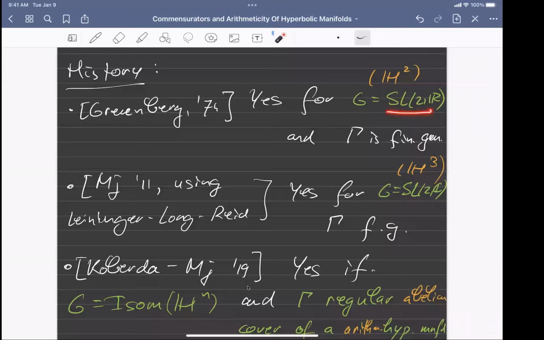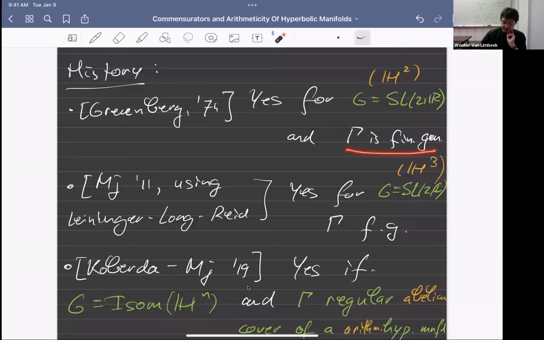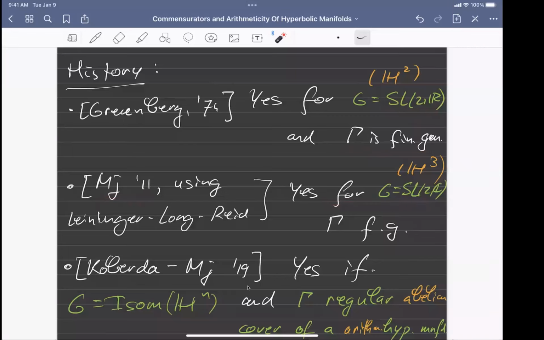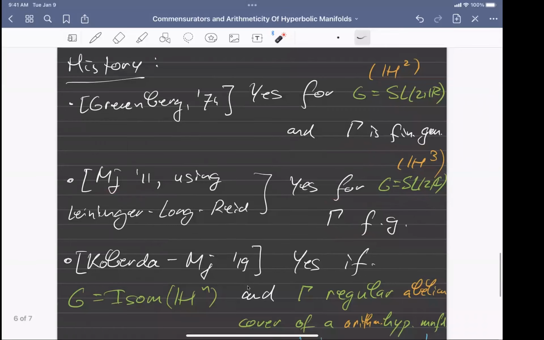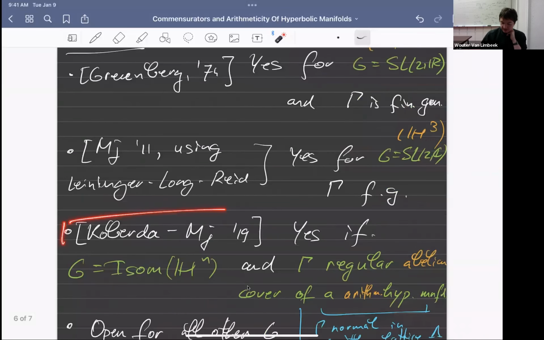Now SL2R is smaller, so it's easier there. And here, this paper uses a lot of hyperbolic 3-manifolds to control that. But this paper is, as far as I understand, completely different.